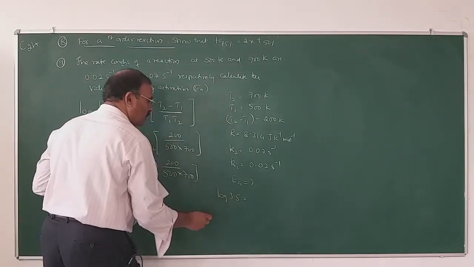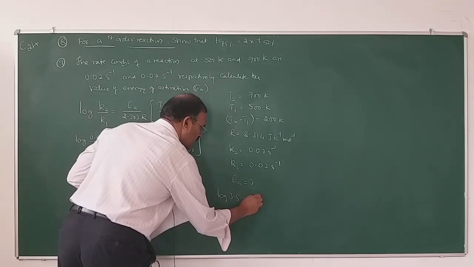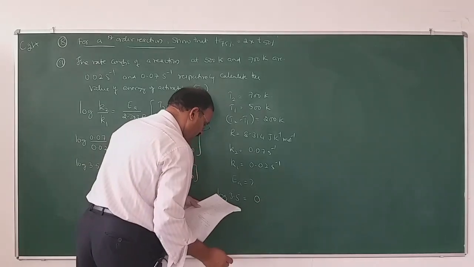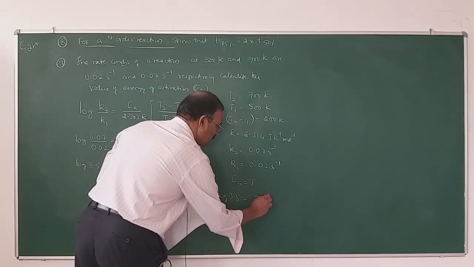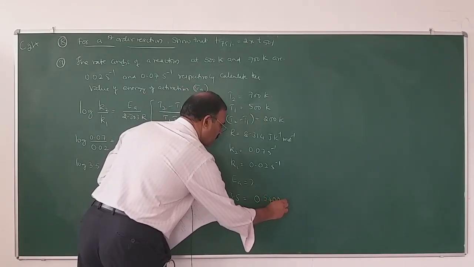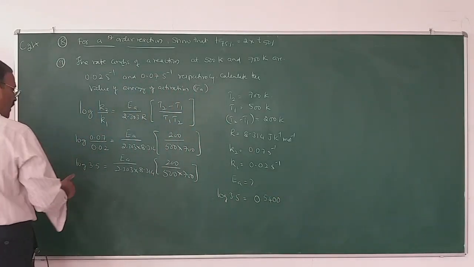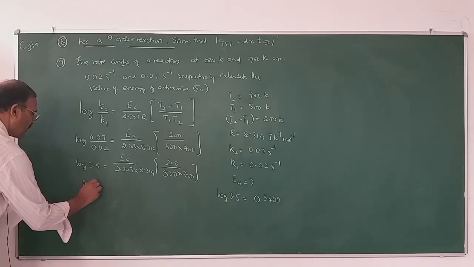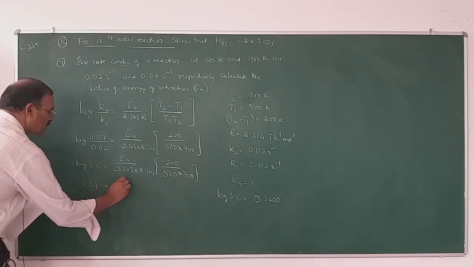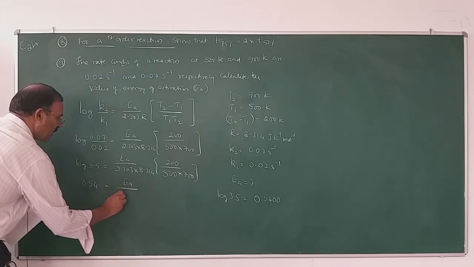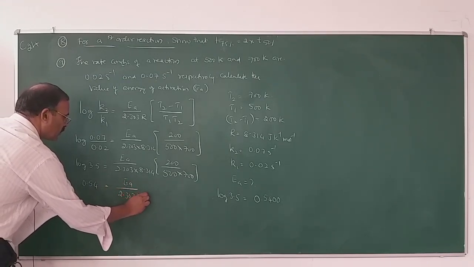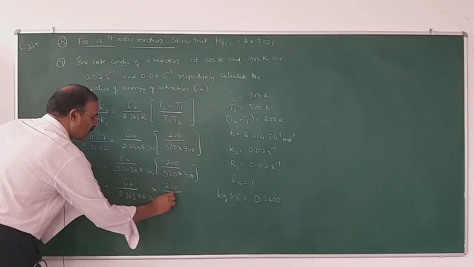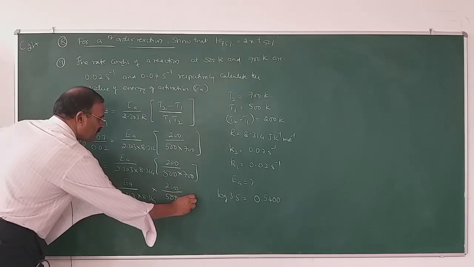Its characteristic is 0, since it is a single digit, and the mantissa is 0.54. So log 3.5 equals 0.54, which equals EA divided by 2.303 into 8.314 into 200 divided by 500 into 700.